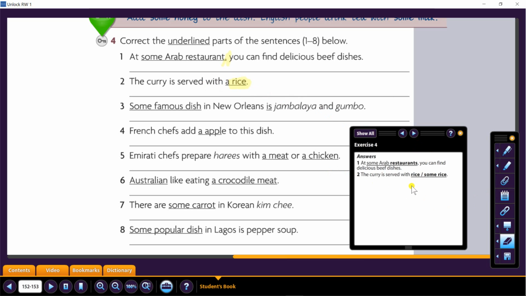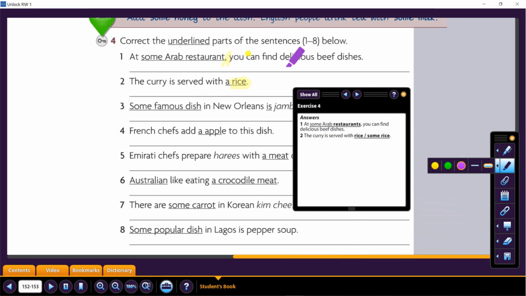So you can solve it in two ways. You can say the curry is served with rice without the article, or you can change the with some.